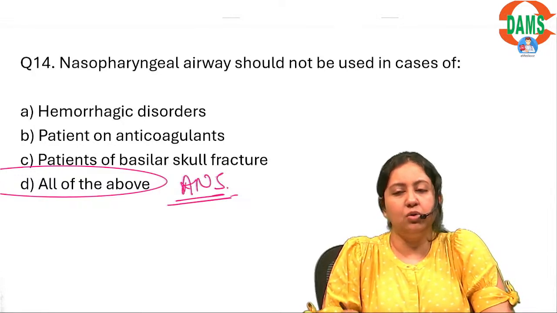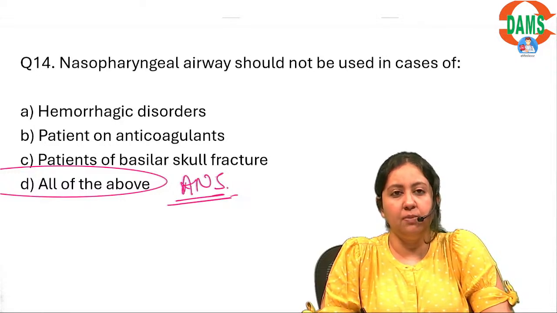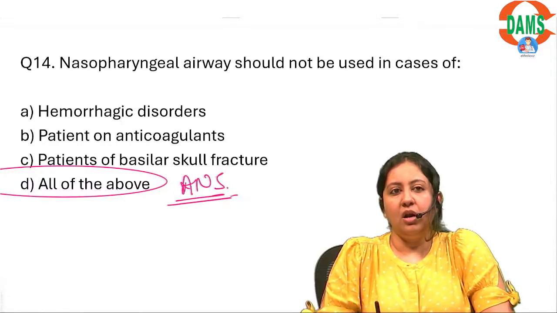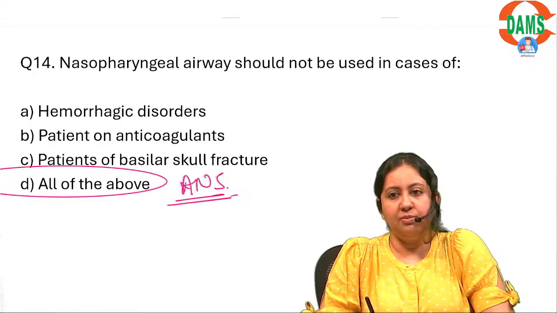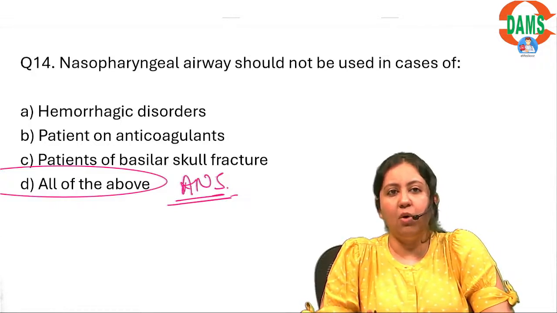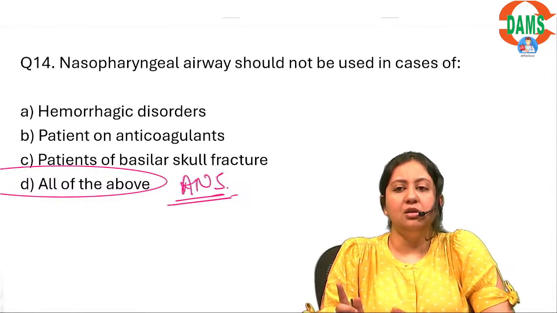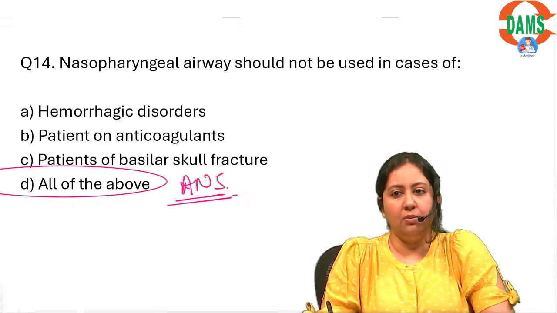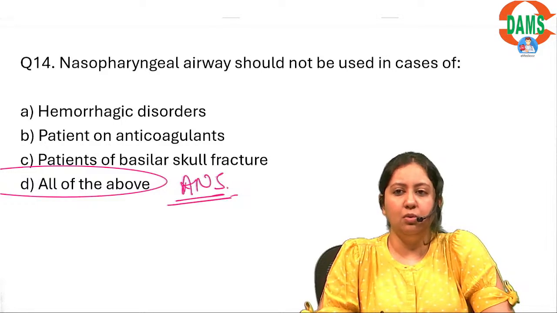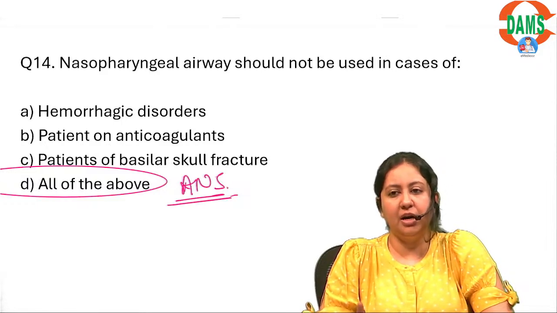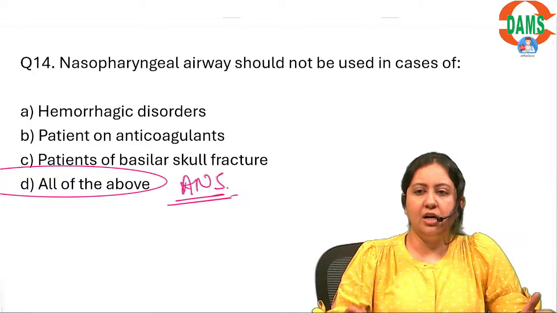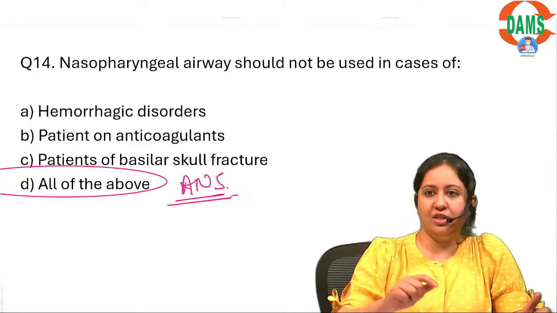But in addition to that, if a patient is on anticoagulants, on blood thinners, or has hemorrhagic disorders, we will again avoid it, because a nasopharyngeal airway does tend to cause trauma. It will definitely cause trauma, which can lead to bleeding, which might get difficult to control. Is this question understood, all of you?